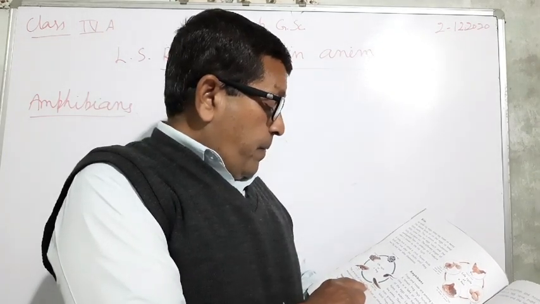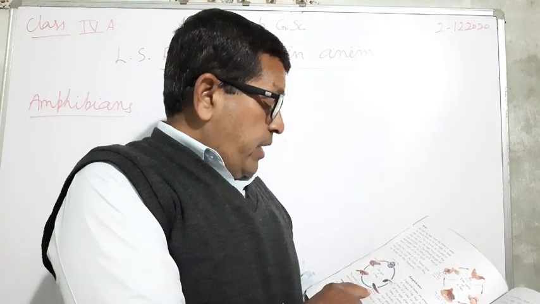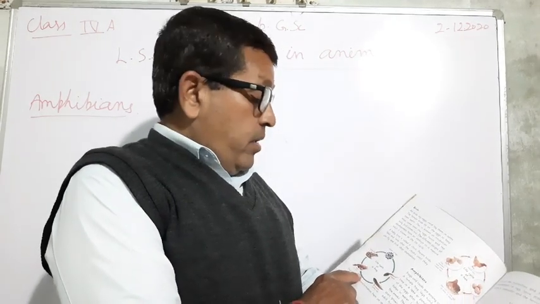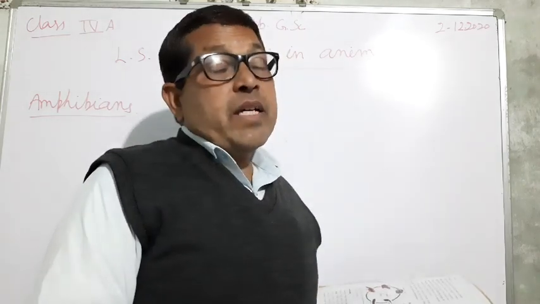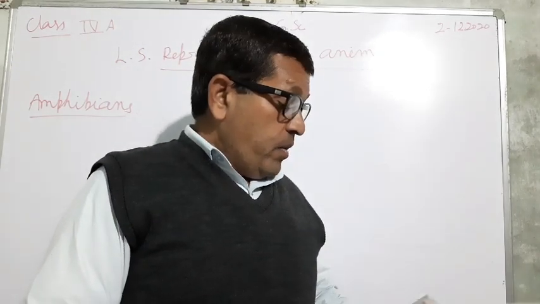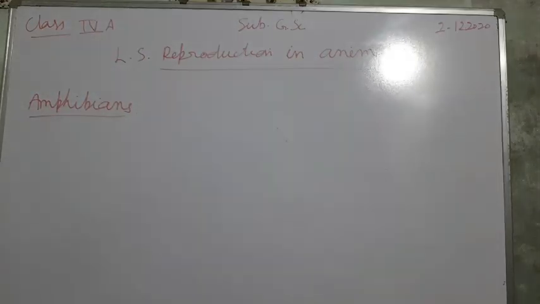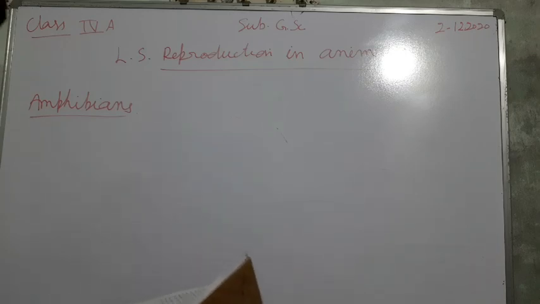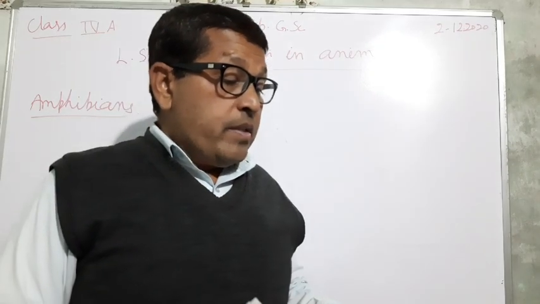Legs develop and the tail is also there, and in due course of time the tail is lost and it is converted into the adult frog. In this way, we can see it.